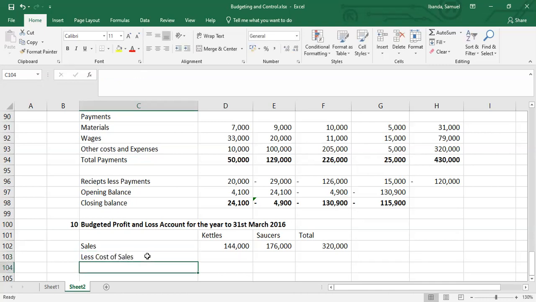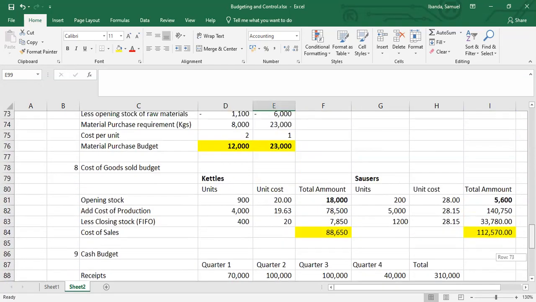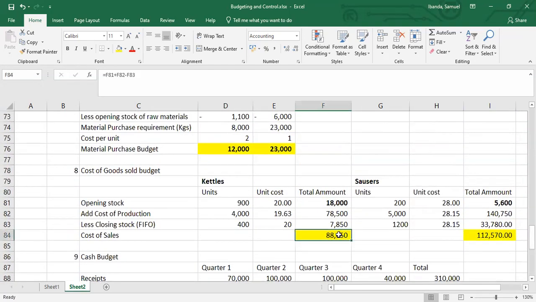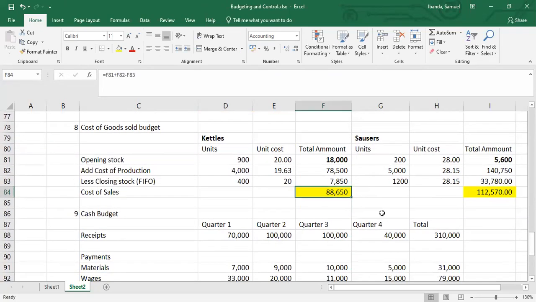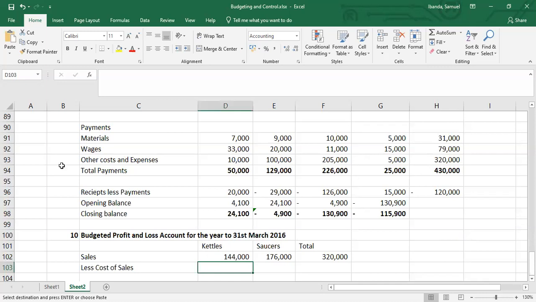So after sales, I'll less my cost of sales. If you remember, we just calculated our cost of goods sold right here, and this was the reason why we calculated it. We got 88,650 for kettles, and then for saucers we got 112,570. So I'll pick the 88,650 and include it there.